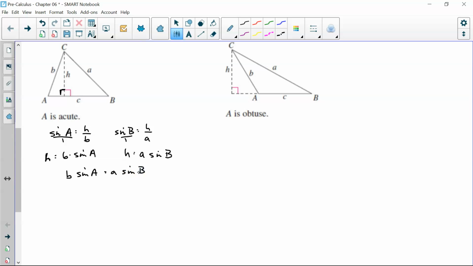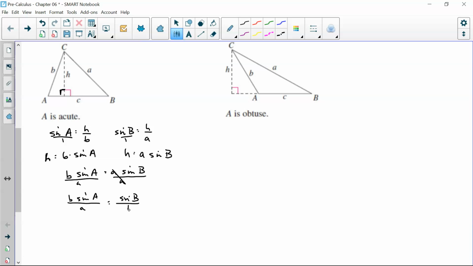And what we could do is divide both sides by A. So we get B times the sine of A over A equals the sine of B over 1, actually.